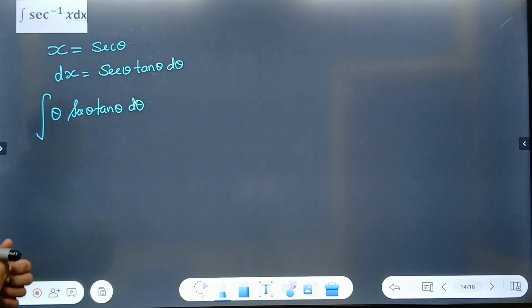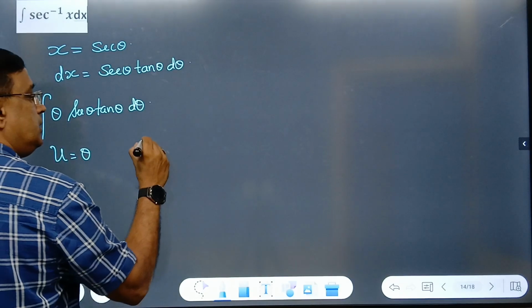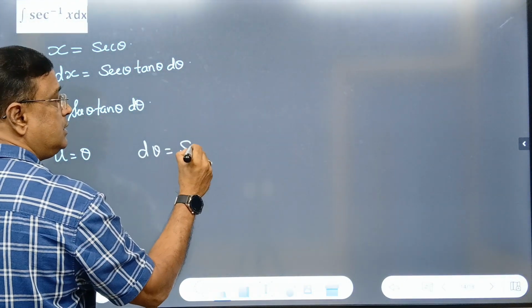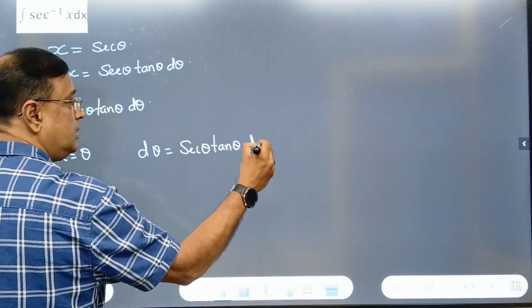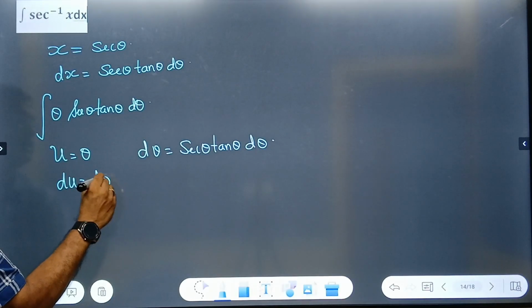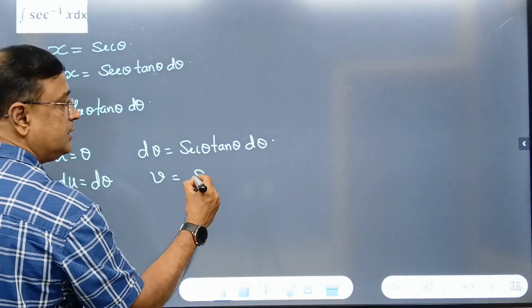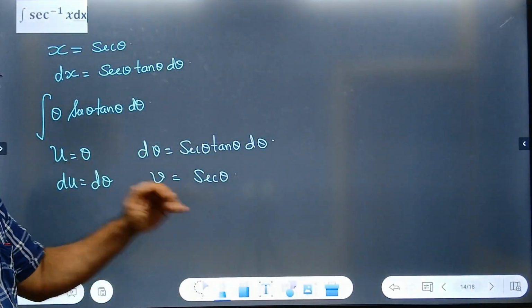I'm going to do integration by parts. So u is theta and dv is secant theta tan theta d theta. And du is d theta and v is secant theta, since the integration of secant theta tan theta d theta is secant theta.